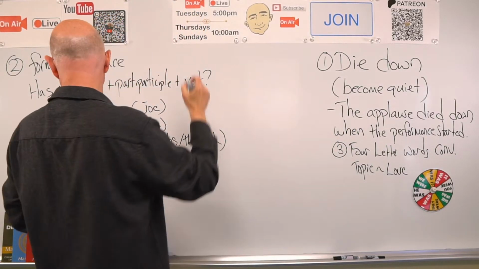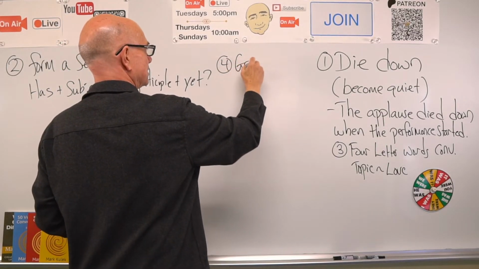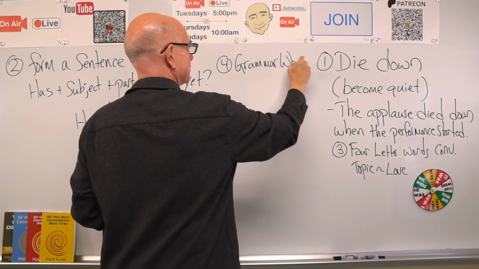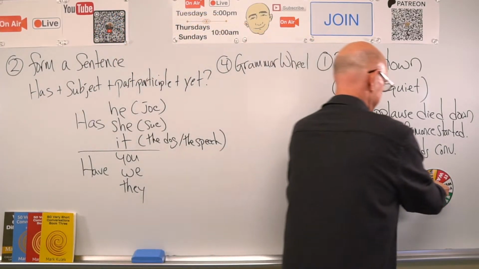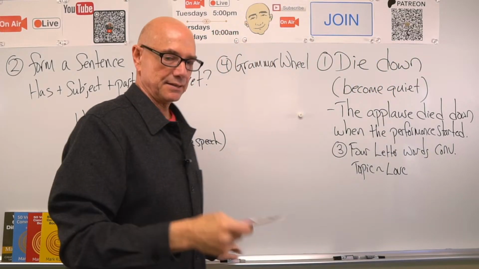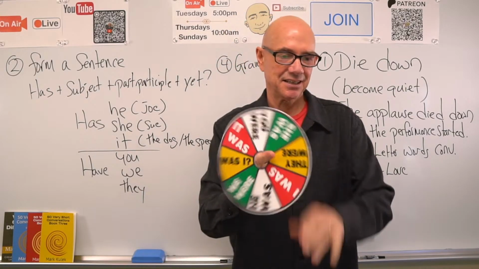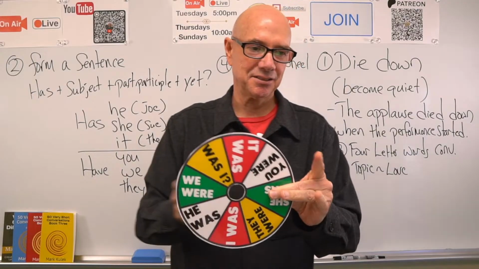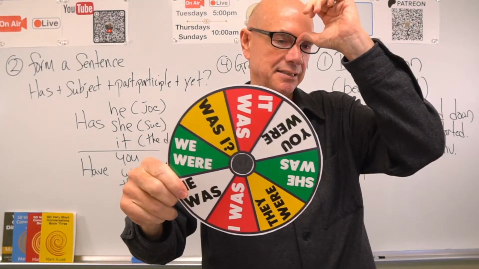So number 4 is the grammar wheel. And here it is. Let's look at the grammar wheel, and let's look at the sentence starters we will be practicing today.